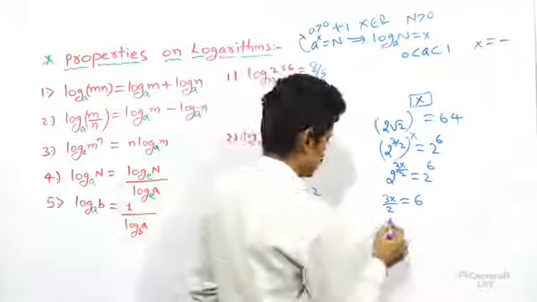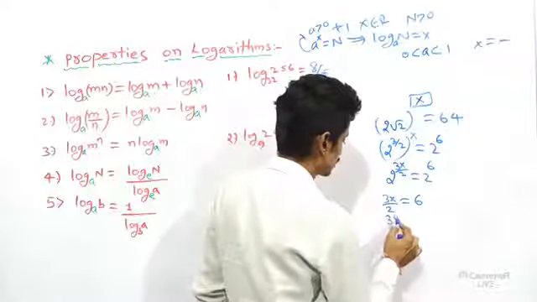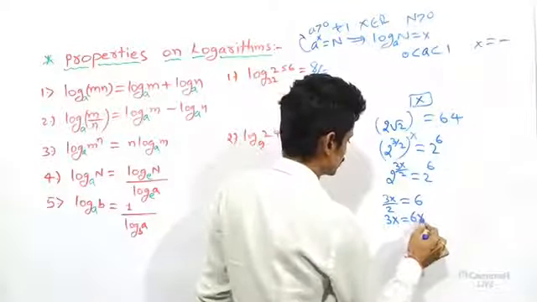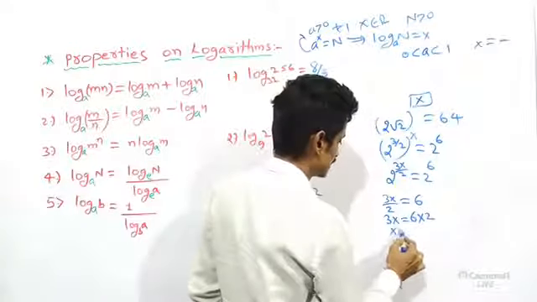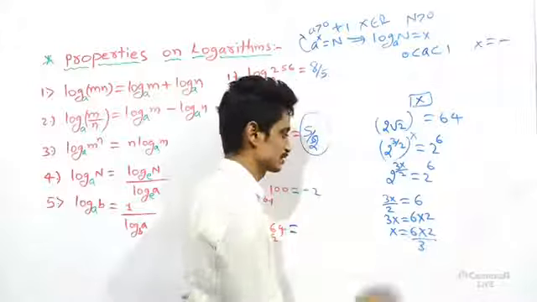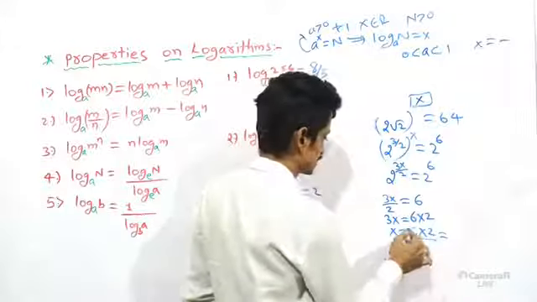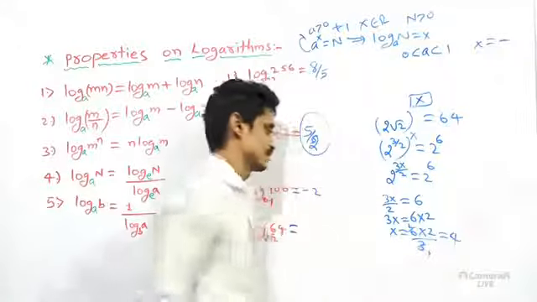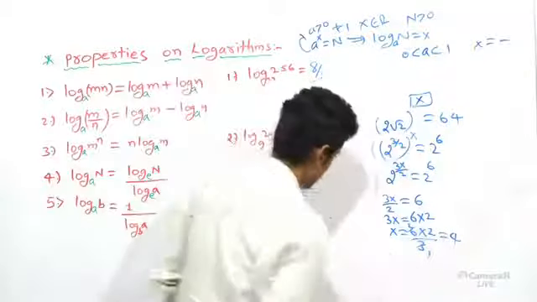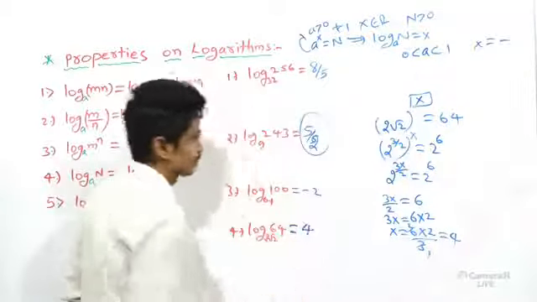Now 3 times x equals 2 shifting that side, 6 times 2. x equals 6 times 2 divided by 3. Not necessary to multiply: 3 ones are 3, 3 twos are 6. What is the actual result? That is 4. So the power x will take the value 4. Hence our answer is 4.